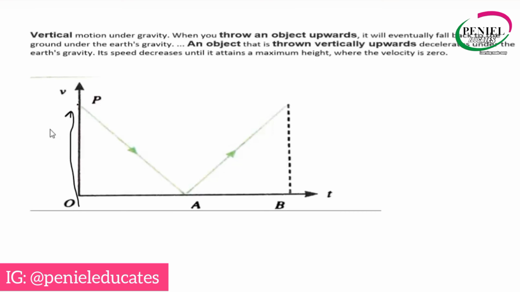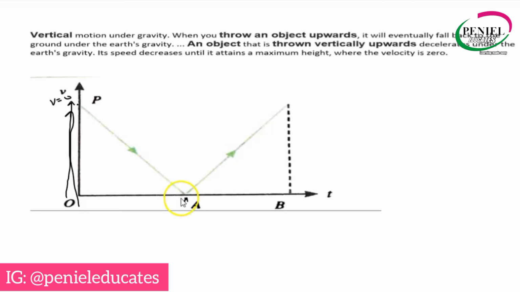Its speed decreases until it reaches the maximum height where the velocity will be zero. So it decreases uniformly from OP to zero as the ball moves to the highest level at the time A.